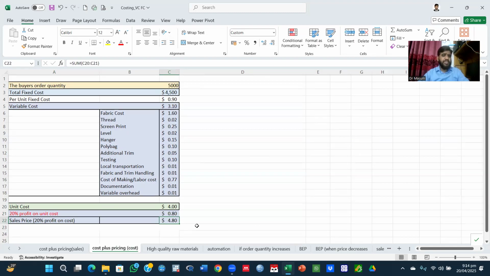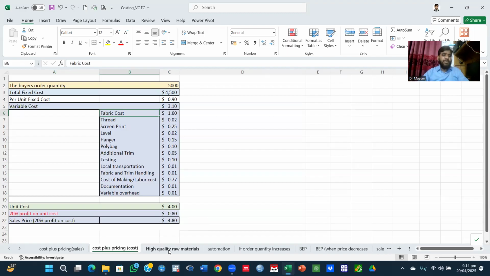So the most important thing is that you have to calculate the fixed cost and variable cost. Variable cost means the cost that varies with the level of activity. That means you are producing a shirt. To produce the shirt, what costs are required? That is known as variable cost. And if you produce 2 units of shirt, then you need the same amount of additional variable cost.